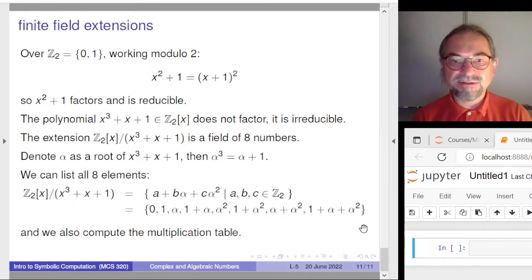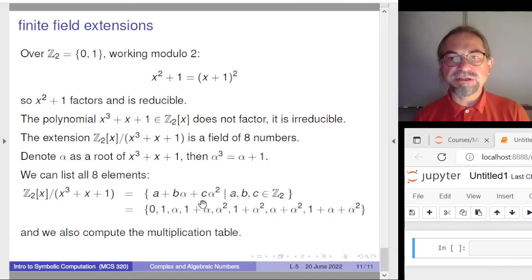The extended number field consists of all polynomials up to degree 2, since polynomials of degree 3 can be simplified, with coefficients that are bits 0 or 1. So you have two possibilities for A, two possibilities for B, which makes 4 numbers, 2 times 2, and then you still have two possibilities for C. That gives you 2 to the power 3.